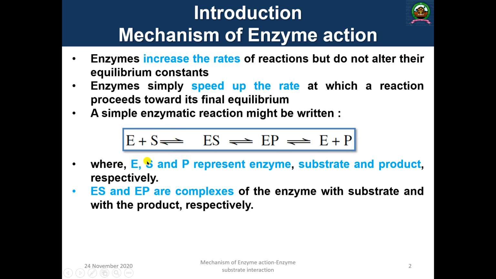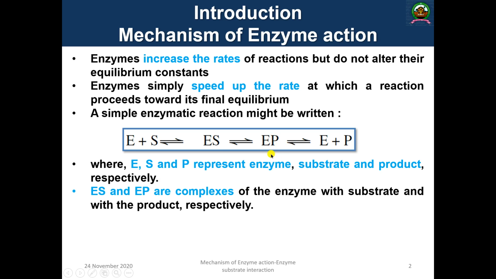Enzyme specifically binds with the substrate. The substance to which the enzyme binds is known as the substrate. That is very specific. Then once the substrate and enzyme interact very slowly, once they are in equilibrium, they produce the enzyme substrate complex. Later they produce the product. The substrate is converted into product.